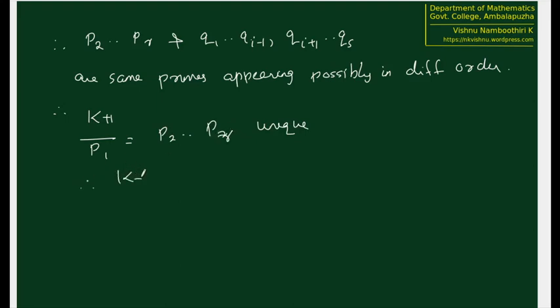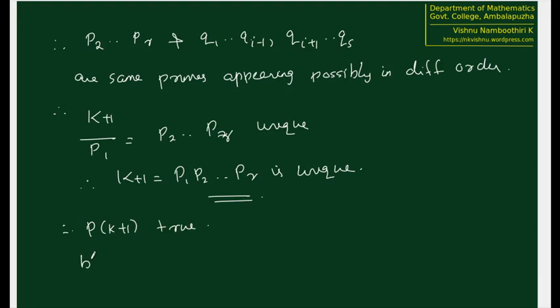Therefore what about k plus 1? k plus 1 is just obtained by moving this p1 to the right side: p1, p2, etc., pr is also unique. So we established that k plus 1 also has a unique representation as a product of primes. Therefore P(k+1) is true.